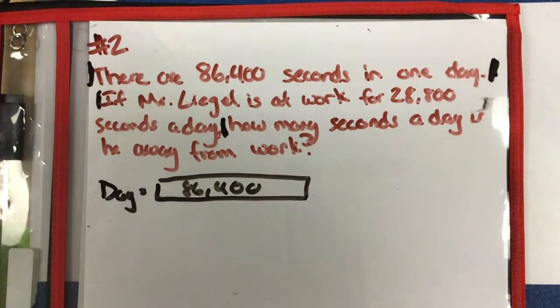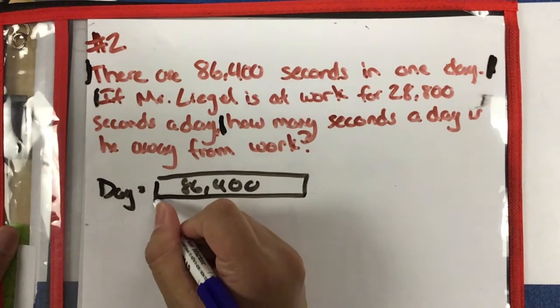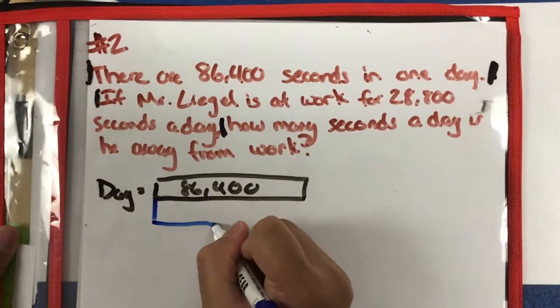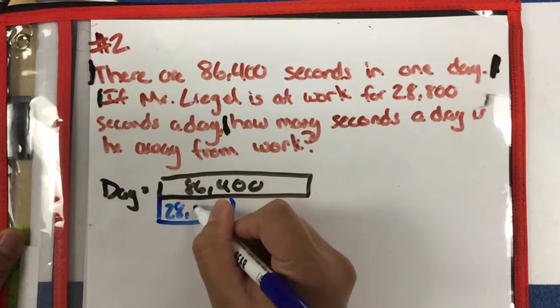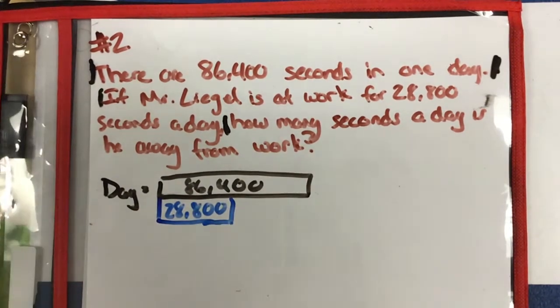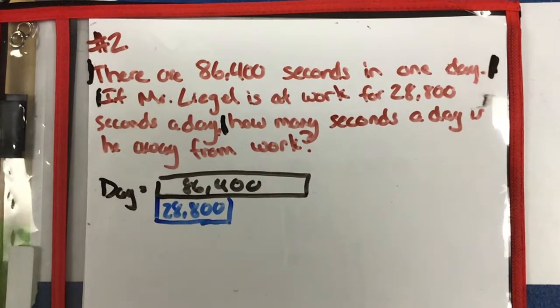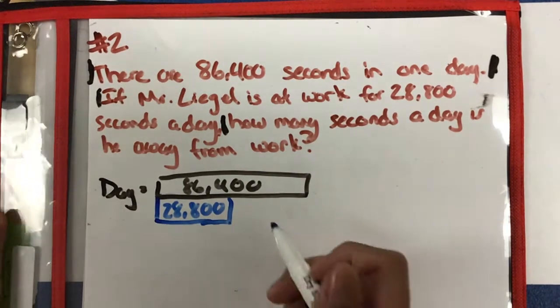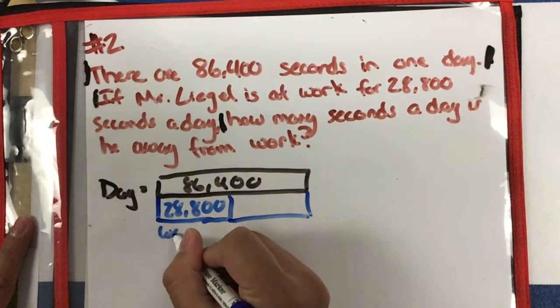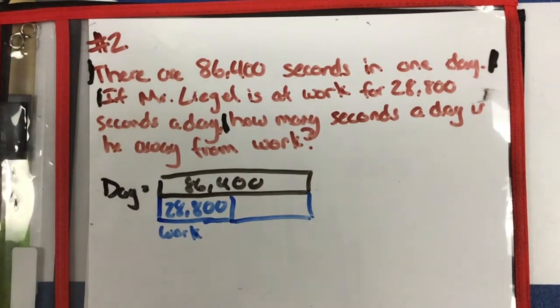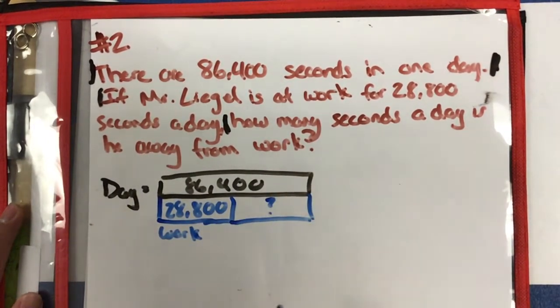So now we're going to know part of this day, when Mr. Ligel's at work, we have a total of 28,800. Okay, how many seconds a day is he away from work? So we need to figure out, all right, this is work. We need to figure out this number.